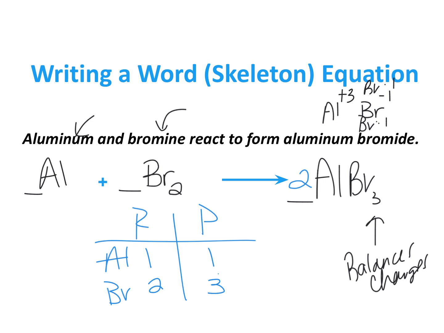So now I have 6 bromine, but I also have 2 of my aluminum. The way I get 6 bromine over here is by putting a 3 in front. That 3 multiplies by the 2 to give me 6. And then I have to go and I have to balance out the aluminums. I now have 2 aluminums in the product, so I'm going to put a coefficient of 2 out in front, and this would be my balanced equation.